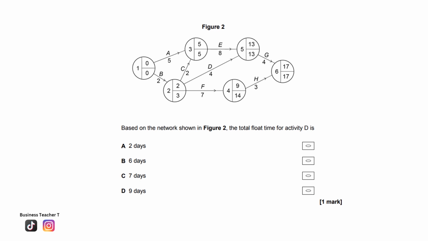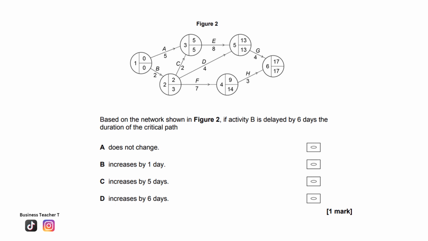Next question. Based on the network shown in Figure 2, the total float time for activity D is A. 2 days, B. 6 days, C. 7 days, or D. 9 days? And the answer is C. 7 days.